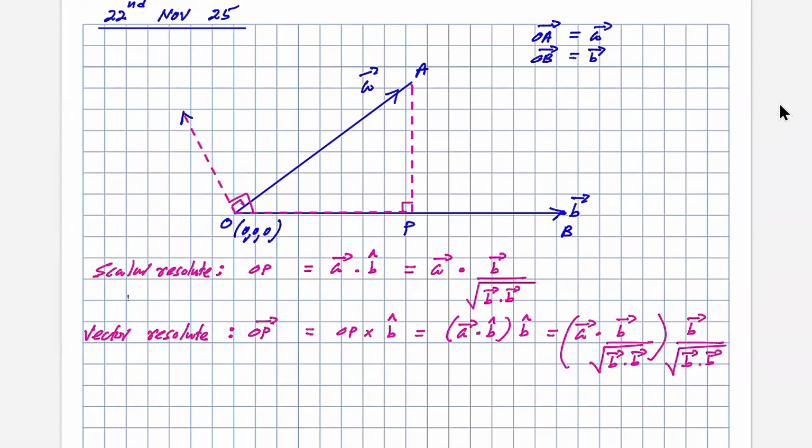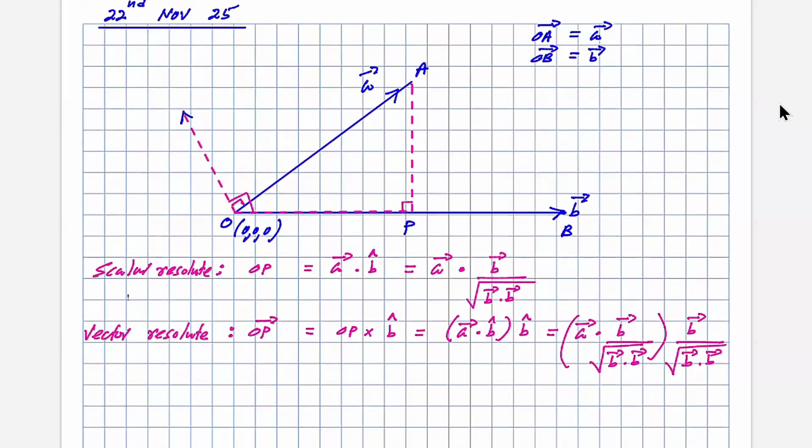Scalar resolute, vector resolute. We understood this two weeks ago. What about this other guy? That one I'm going to call OQ. So this point is capital Q. Now, what is the OQ vector?